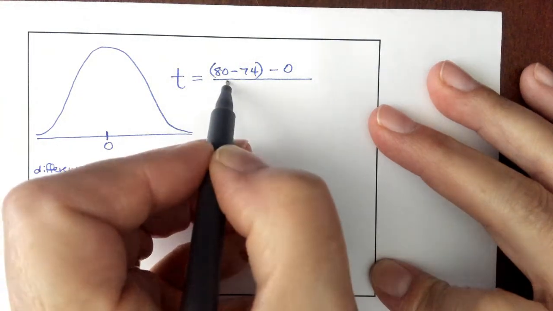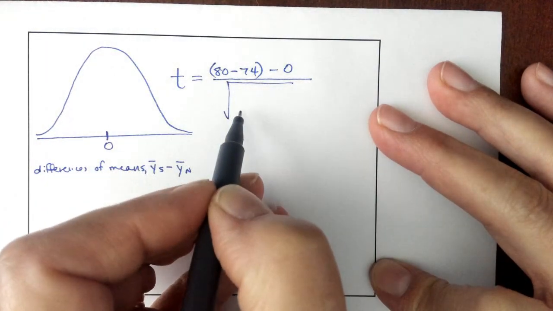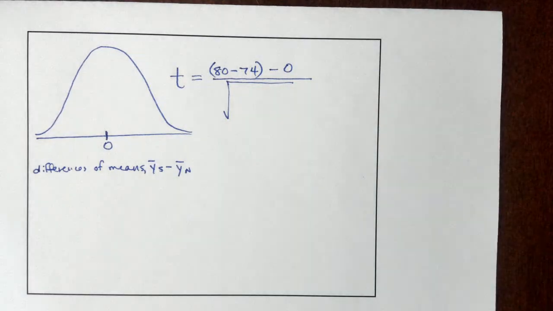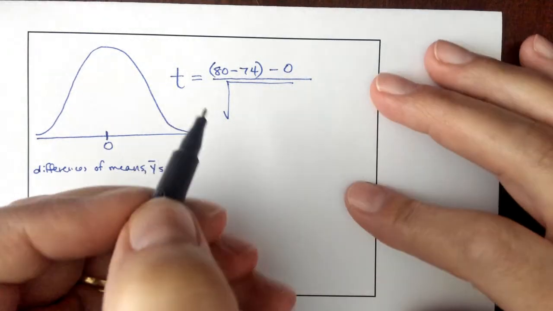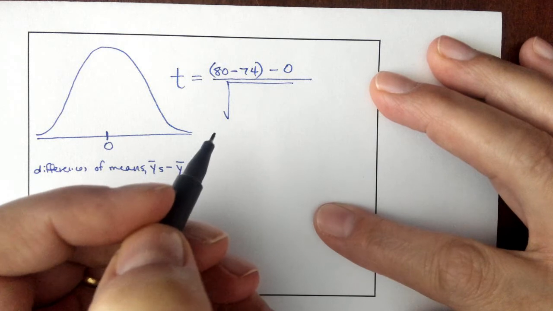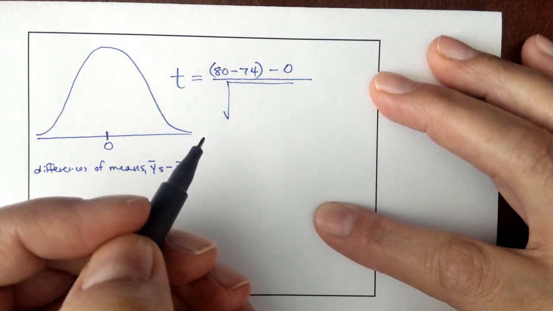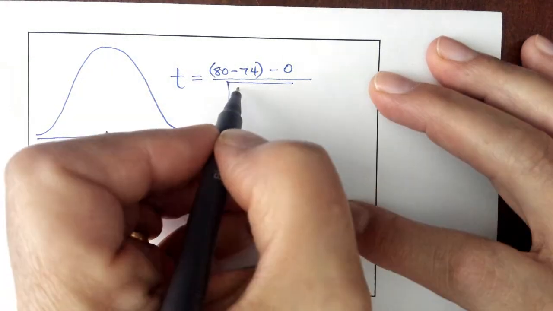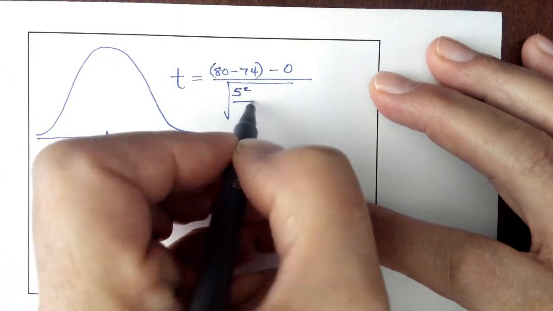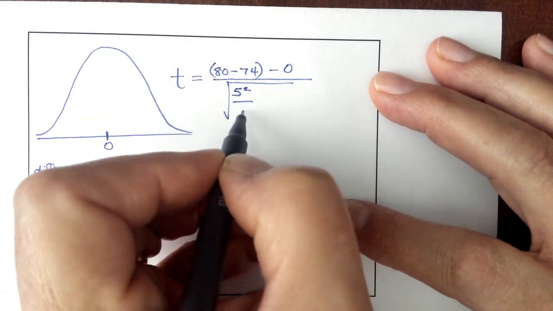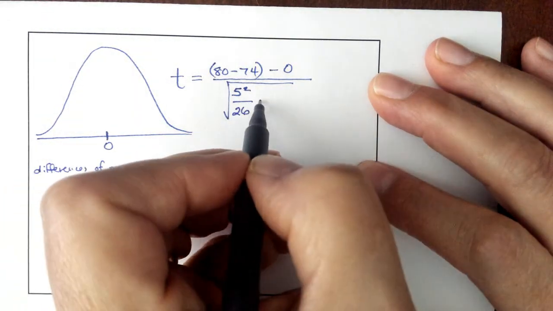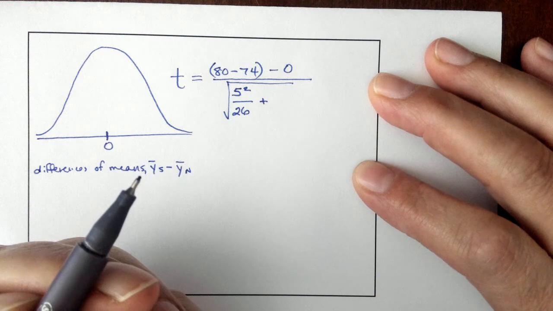So the square root of s1 squared over n1 plus s2 squared over n2. Same formula we used in the last example. So I go back and look at my original example, and I find out that the standard deviation for smokers was 5. So 5 squared over a sample size of 26 smokers, plus then I need the standard deviation of non-smokers.